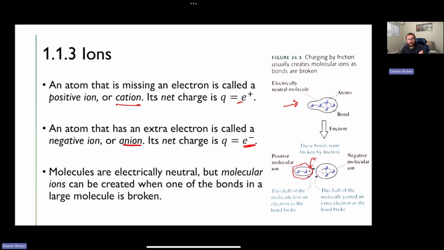Basically just means there's one less electron on the left. Then we also have a negative here. Basically one more electron on the right. And you've created two ionized molecules, so molecular ions, just because as this is split up, an electron needs to decide which side it's going to. And that's going to cause one side to have one less and one side to have one more.